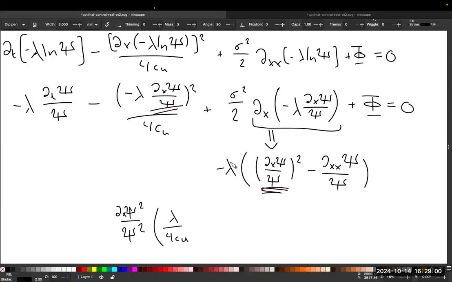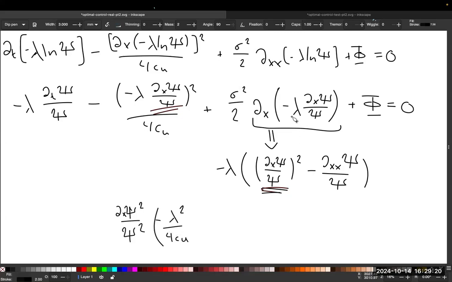And then over here, we're going to have sigma squared over 2 times negative lambda. Oh, you're right, with a minus sign. There shouldn't be a minus in the line above.